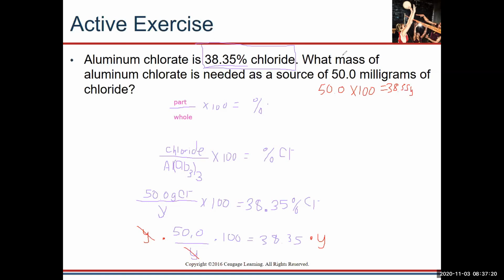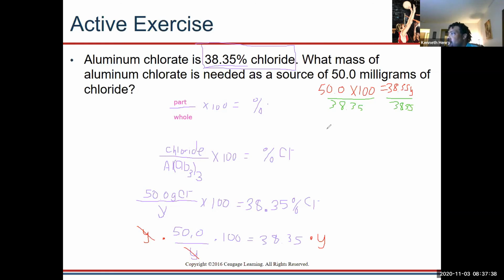And then you said divide everything by 38.35. So then we get Y equals... So how many sig figs should I have?